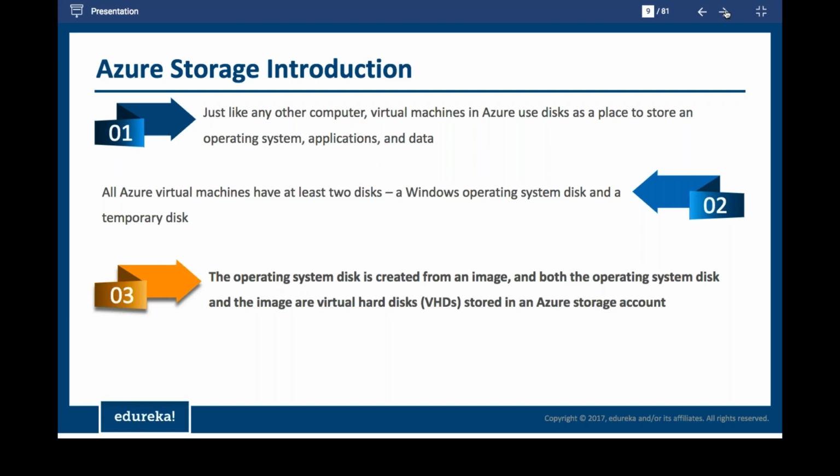The OS disk is created from an image that is supported by Azure. For better understanding, let's say I'm going to deploy Windows 10 on my local machine. I would have an ISO image, and I can boot it from a pen drive or something.